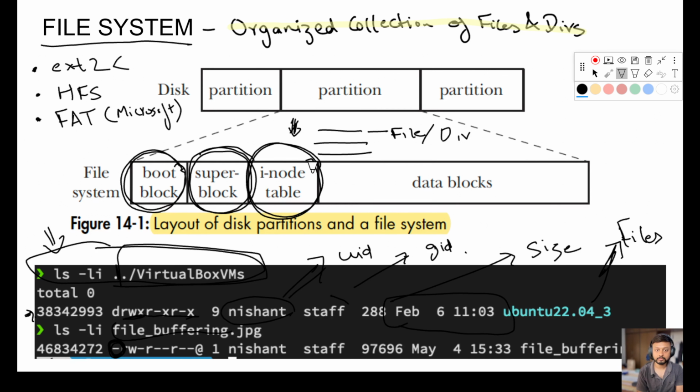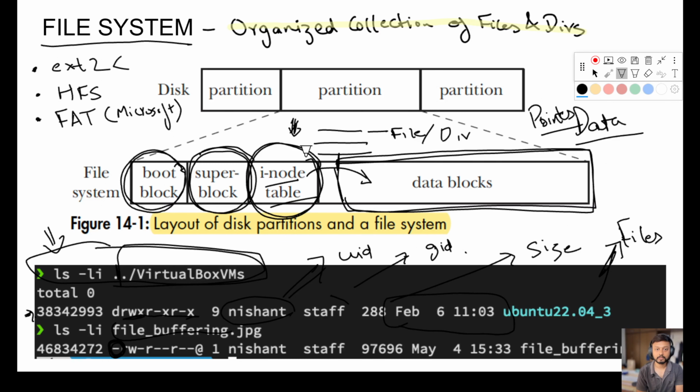Other than these columns, each row in the inode table also contains the pointers to data blocks. This is the region where the file is actually stored. Let's dig deep into the inode table and understand how the data pointers are stored.